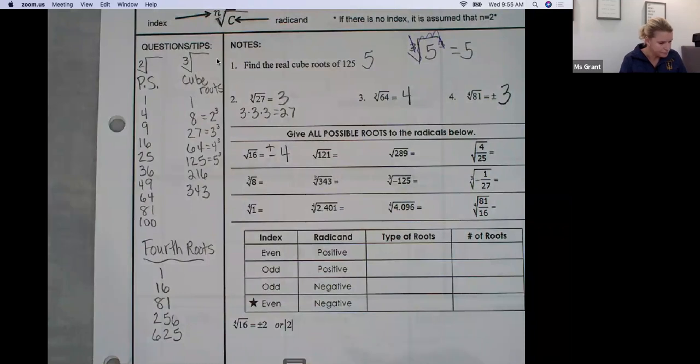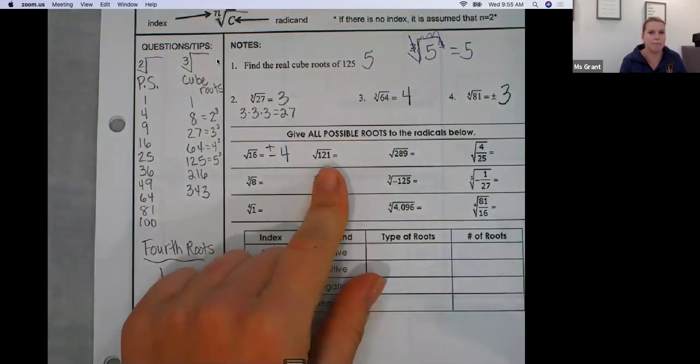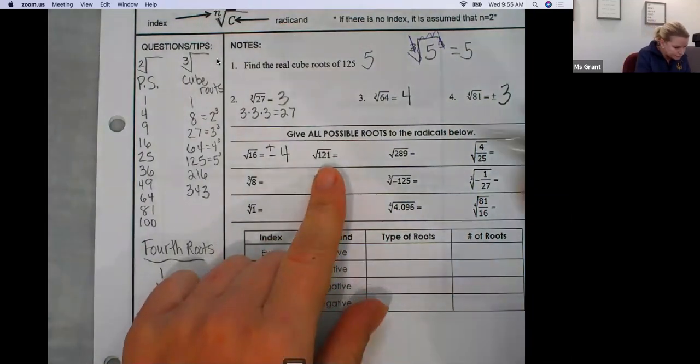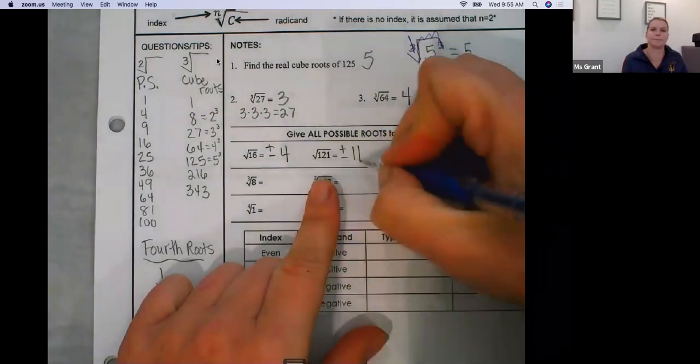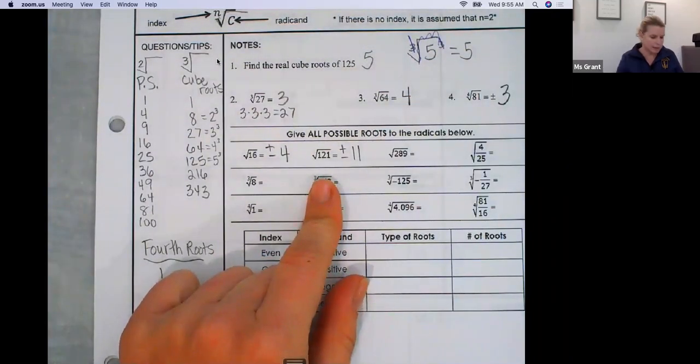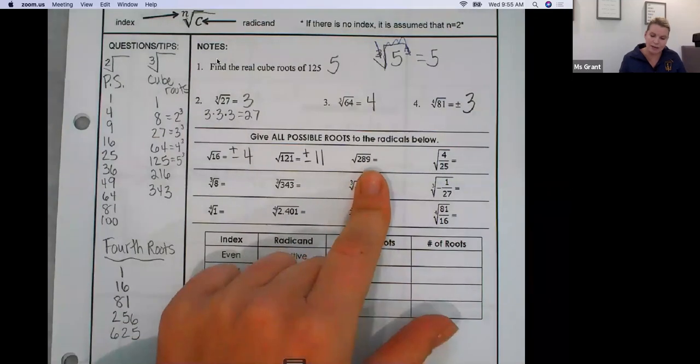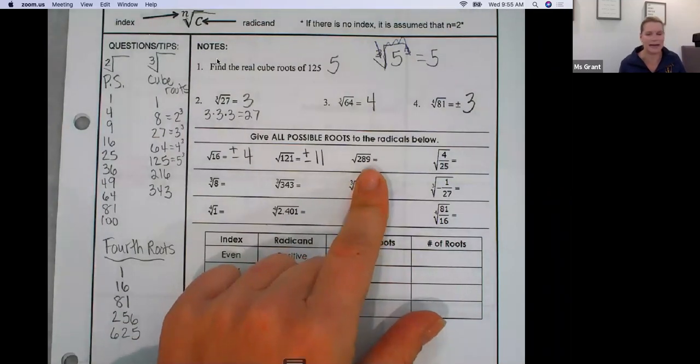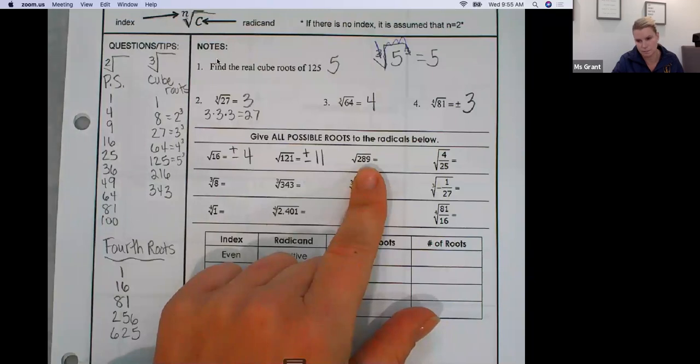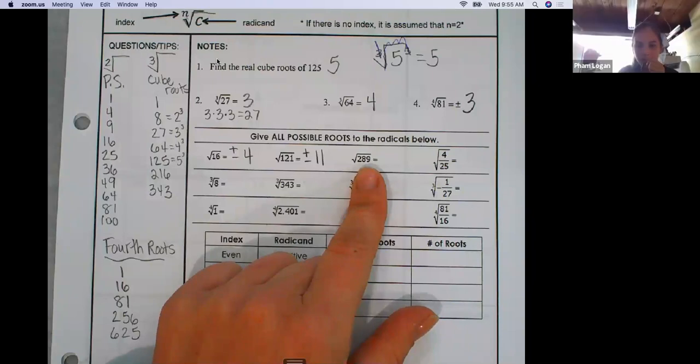All right? How about the square root of 121? I'll do it. Plus or minus 11. Oh, good. Logan and Naomi. So 289, Logan, 289. Any thoughts on that? Is it plus or minus 17?